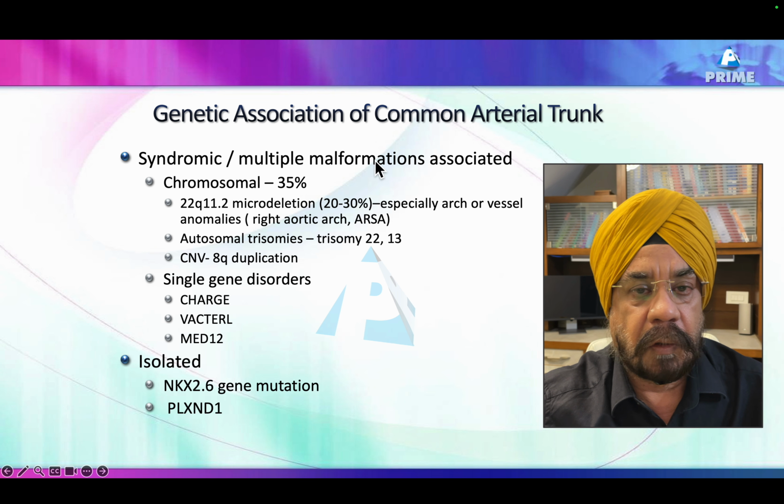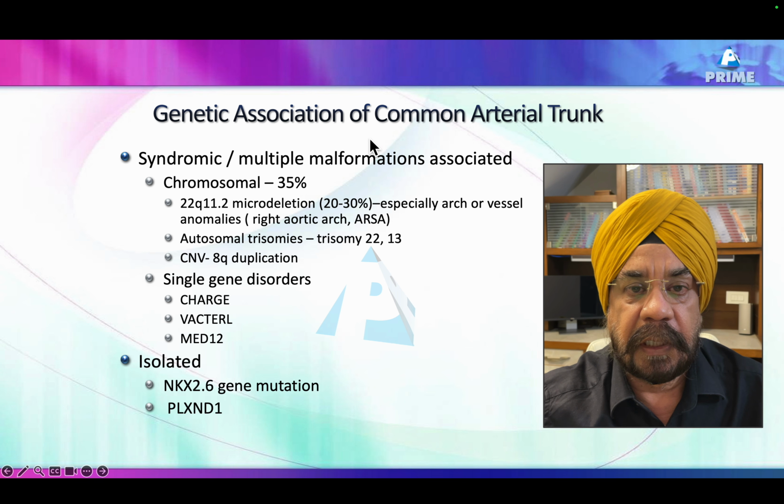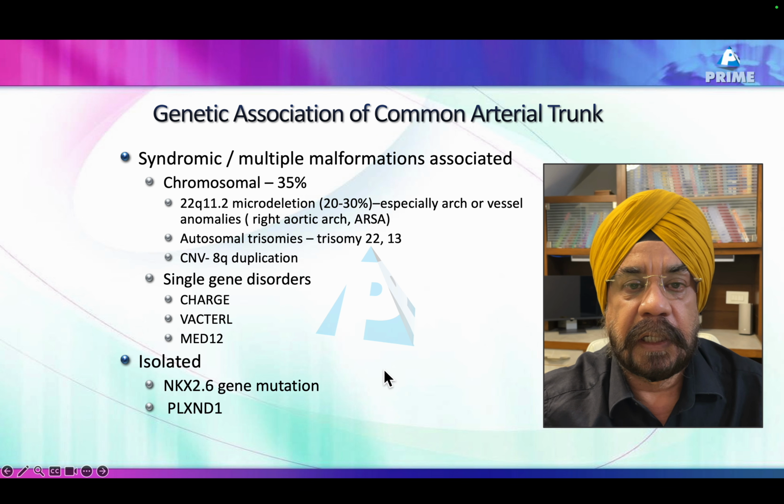All common conotruncal abnormalities tend to have a very high incidence of 22q11 microdeletion. The highest incidence is with interruption of aortic arch, and this probably comes as number 2, where the common arterial trunk has other single gene abnormalities also apart from the chromosomal abnormality. So they are pretty common. We need to rule them out by a genetic consult and appropriate investigation in that area.